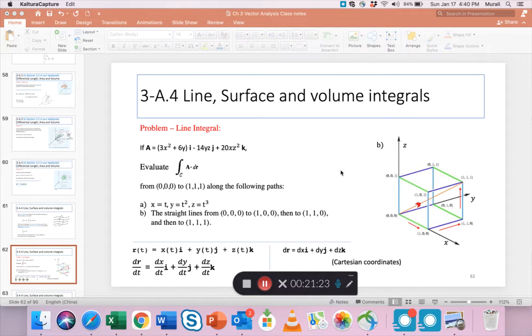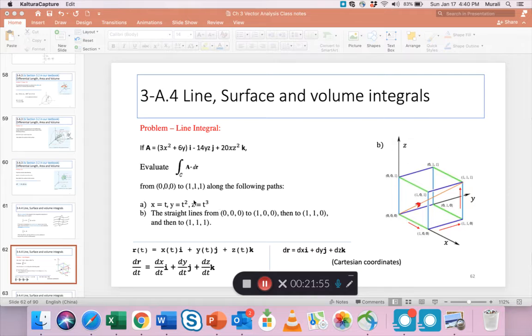You'll see many problems like this where they give you a particular way to travel. That's one way. The other way is a more complex way. Here he has given us equations for a curve: x is equal to t, y is equal to t squared, z is equal to t cubed. These are parametric equations that define a certain path or curve, and you can sketch this, maybe put it into MATLAB and see what it comes up with.